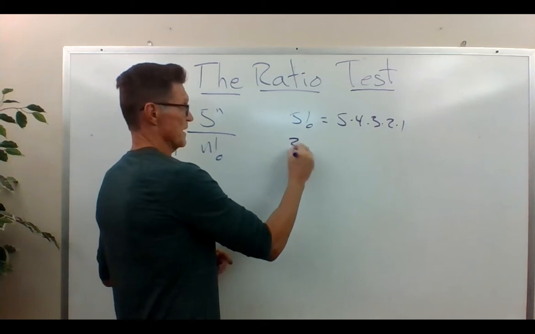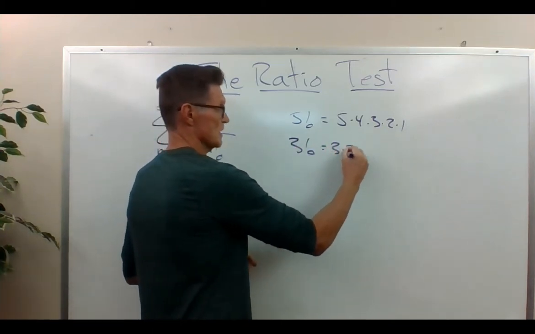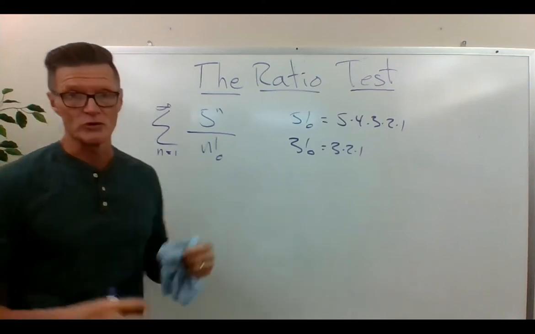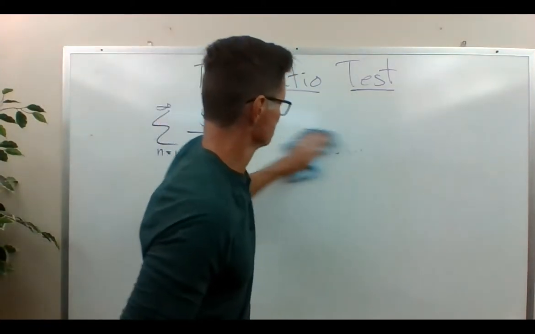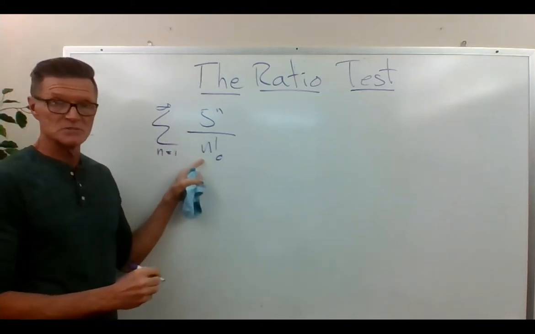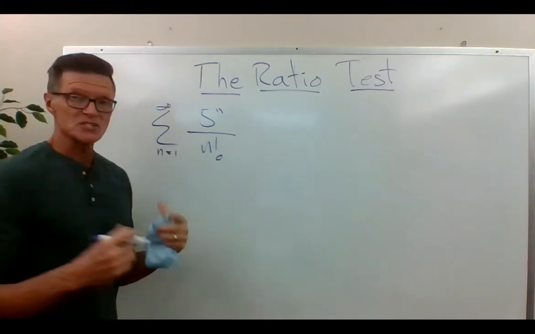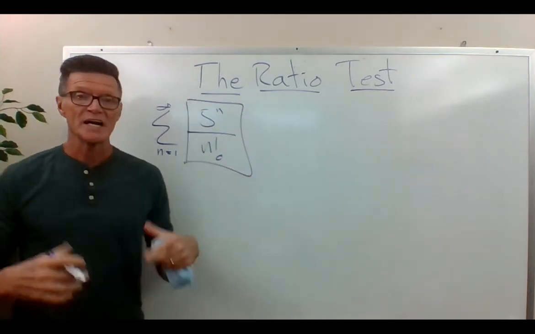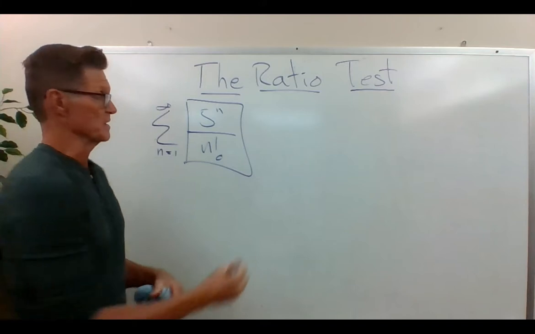Or 3 factorial is 3 times 2 times 1. So we have n factorial for whatever n is going to be. Well, this then becomes my a sub n, and the first thing I need to do is create an a sub n plus 1.